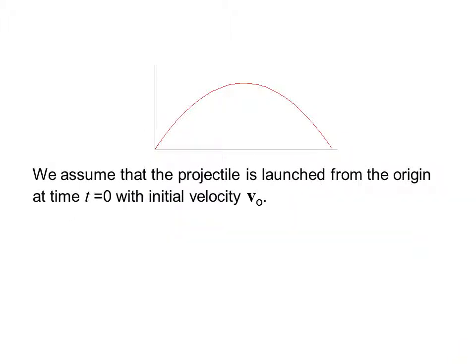We assume that the projectile is launched from the origin at time t equals 0 with initial velocity v sub 0. It's launched at an angle alpha from the horizontal.